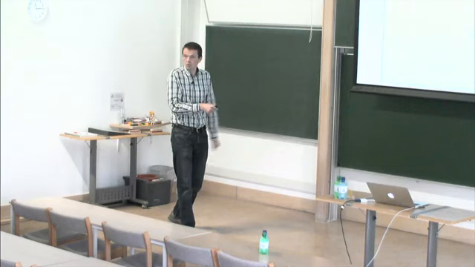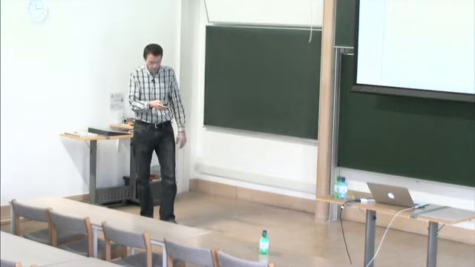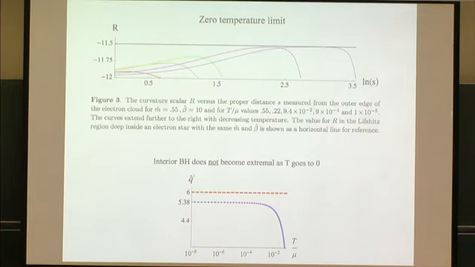Lifshitz spacetime also has a constant R. And you approach that value as you go to lower and lower temperature. And then, when you go far enough in, this solution does have a black hole in the middle, so this thing will drop down. But this basically is the interior of the electron star. So we're recovering that rather nicely.